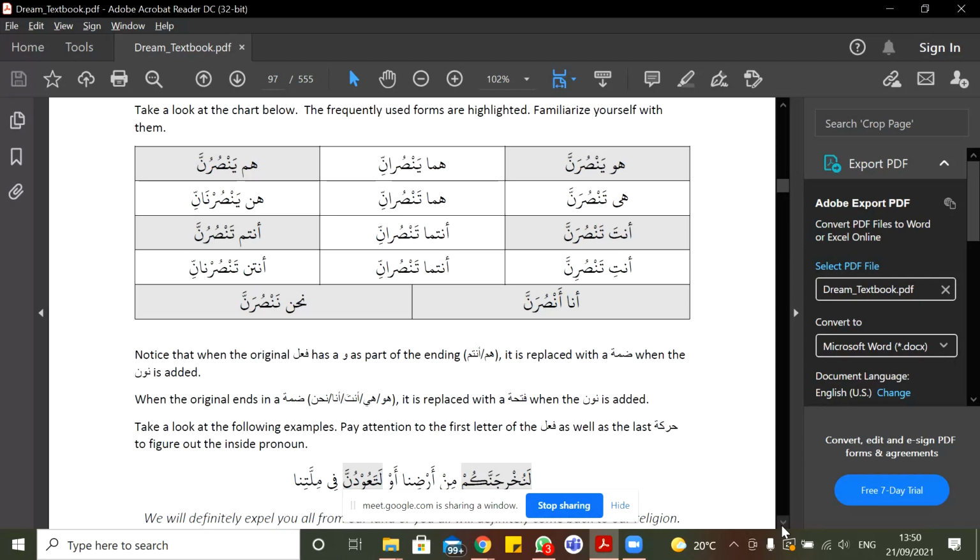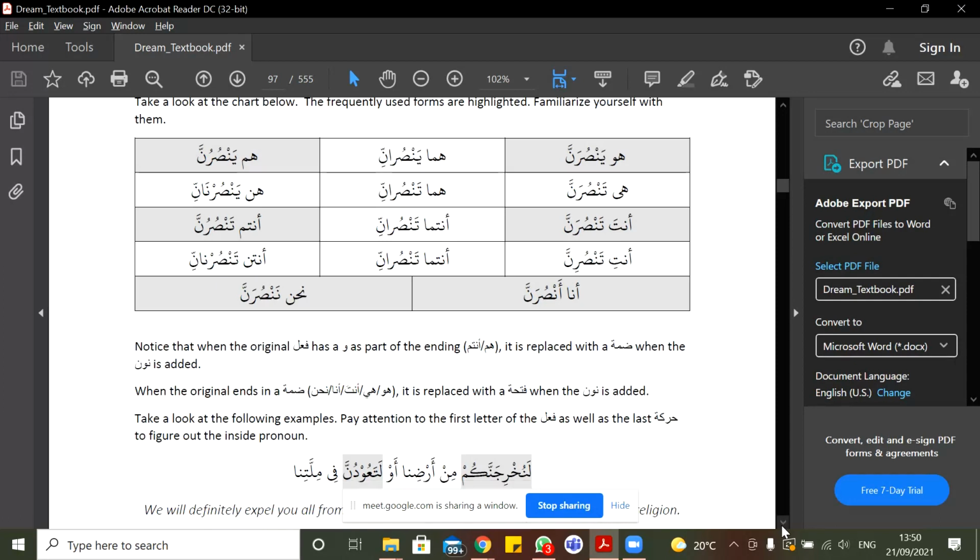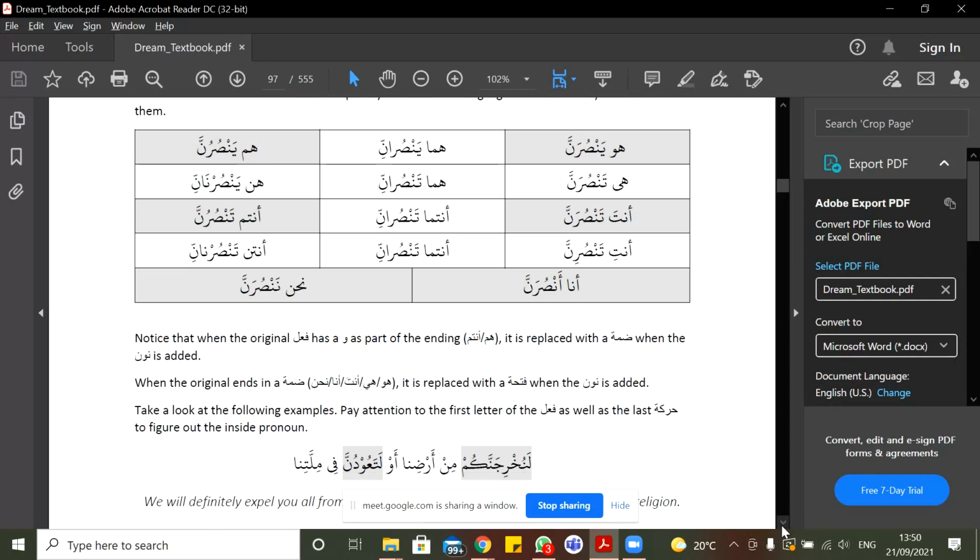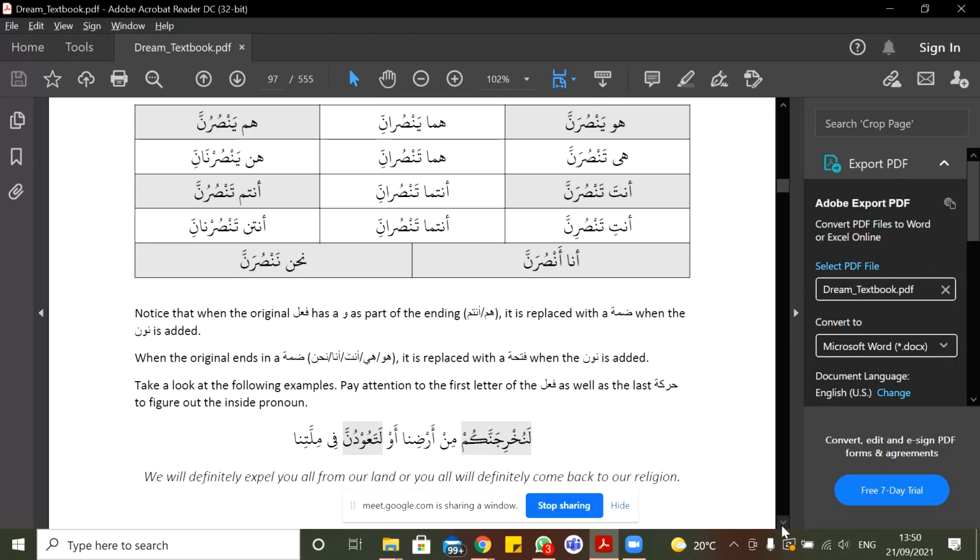Or you say we will surely, or we will absolutely surely, or we can call it definitely. That's why the word definitely comes into our translation. So we will definitely expel, and then what? You mean ardana, from our land, our earth, yeah, from our land.